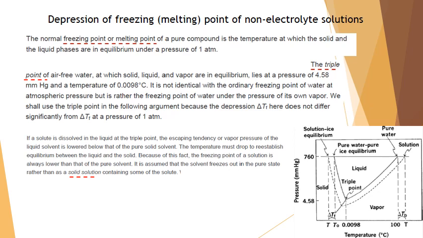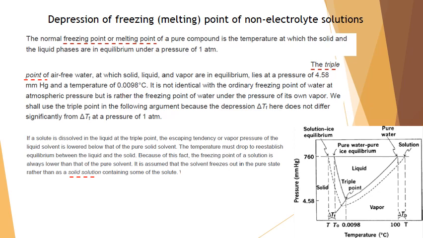It's the temperature at which the three states of matter exist in an equilibrium state. For water this equals 0.0098 degrees centigrade at 4.58 millimeters of mercury. This is what we call the triple point.